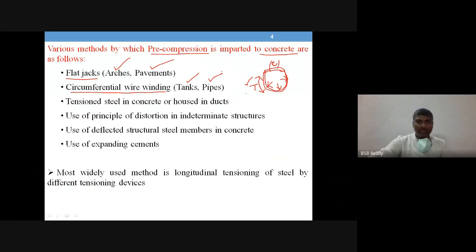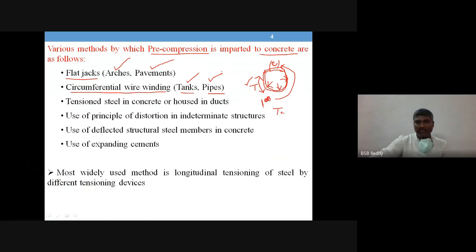Tension will not be allowed to remain in such tanks. So if a tensile stress of, for example, 100 megapascal is expected, then prior to this 100 coming to the material, you shall induce a compressive stress of 100 or more than 100, okay, so as not to have any tensile stress in that material.